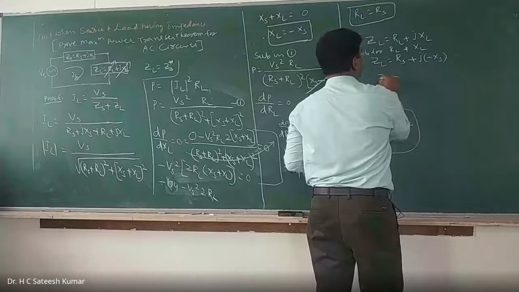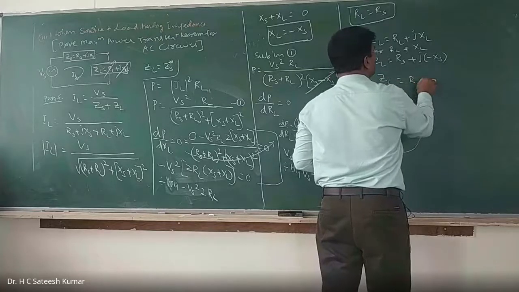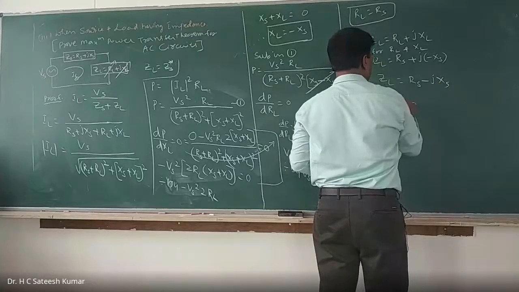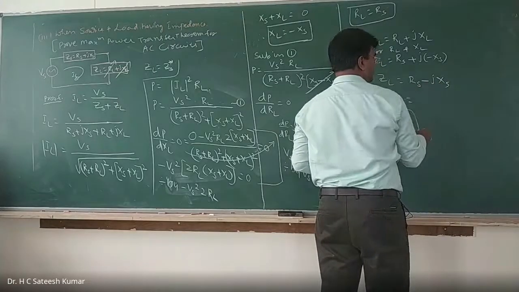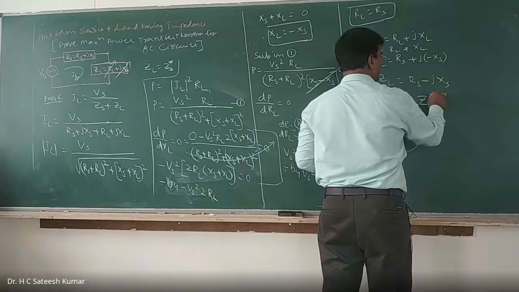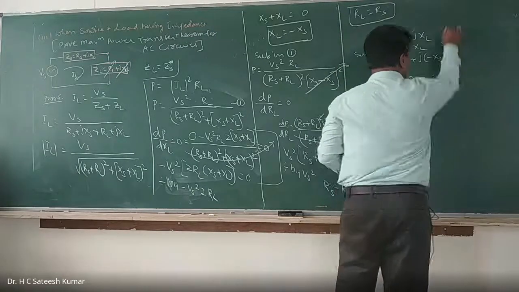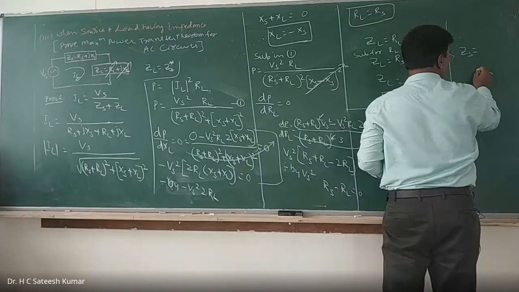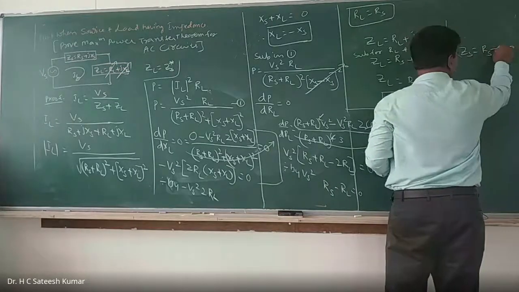Therefore, ZL is equal to Rs minus jXs, which is the complex conjugate of Zs. Why? We know that Zs is equal to Rs plus jXs.